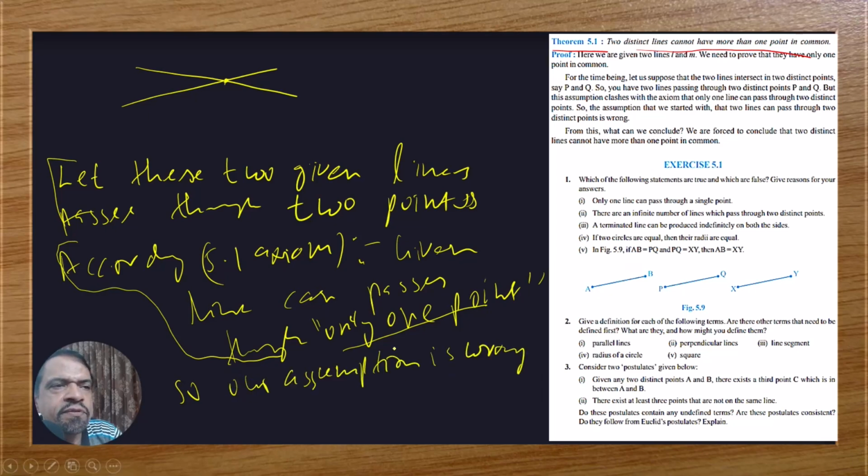The assumption was that 2 lines can pass through 2 points. It is wrong. Therefore, 2 lines can pass through only 1 point.